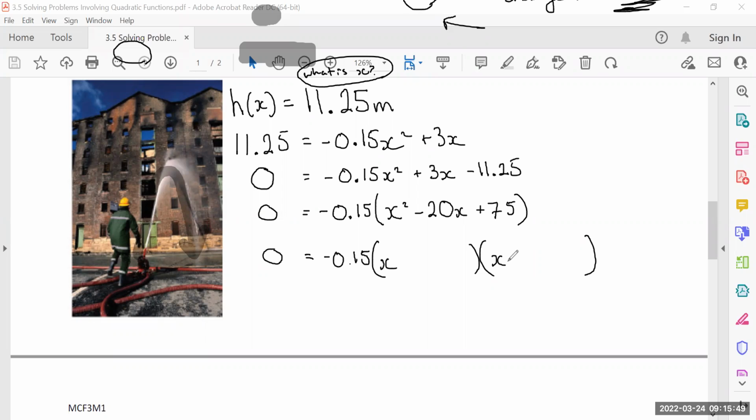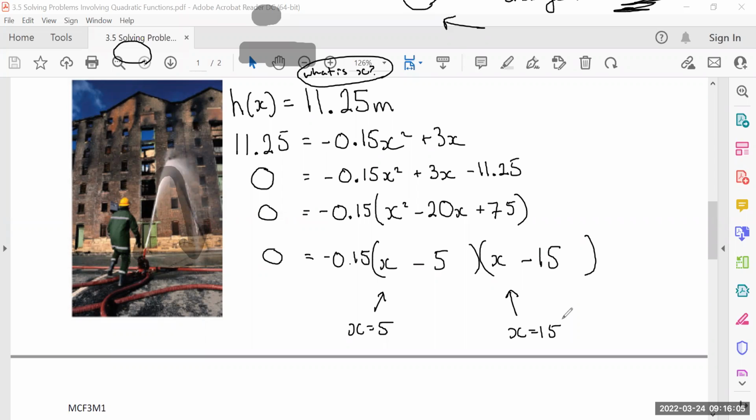Yes. Right on. Not just 5 and 15, the negative 5 and negative 15, which means the two values must be 5 and 15. So x could equal a 5 and x could equal a 15.